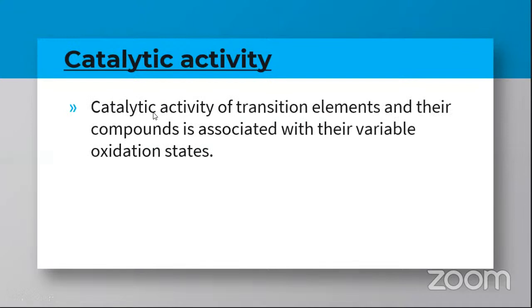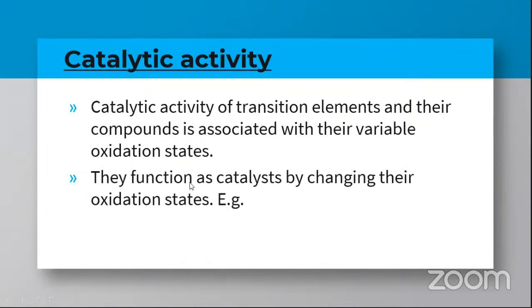So we say that catalytic activity of transition elements and their compounds is associated with their variable oxidation state. In other words, for a transition element to behave as a catalyst, it must have variable oxidation states, more than one oxidation state.